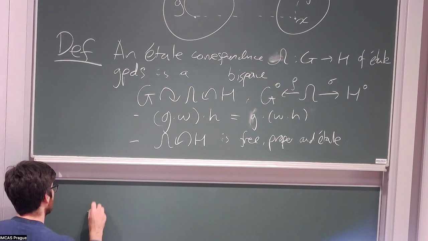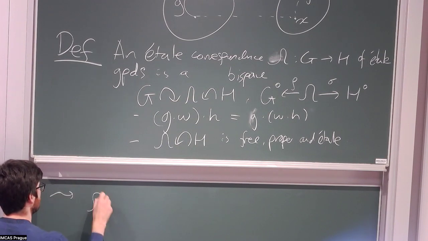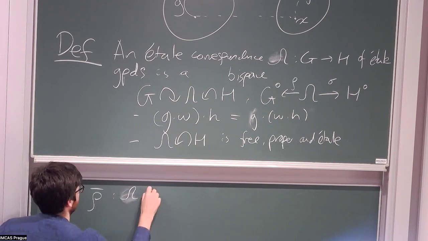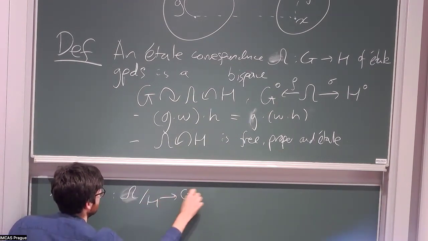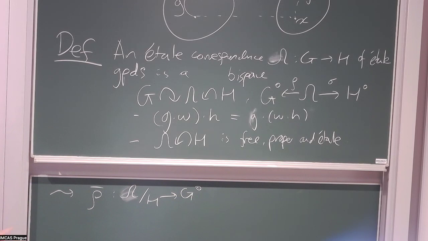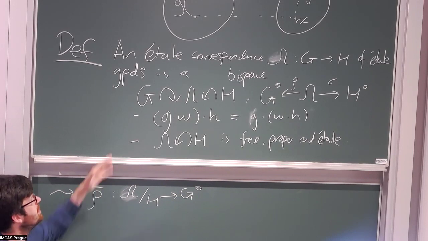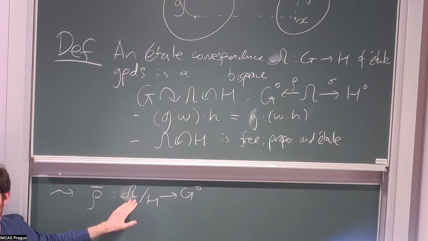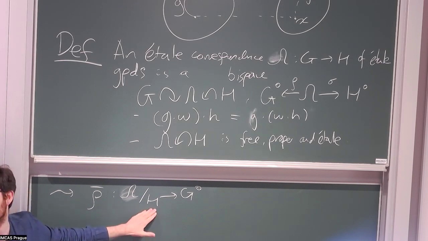The anchor map on the left, the range anchor map, and actually both, because it's a bispace, it doesn't matter, is constant on any orbit, on any H orbit.